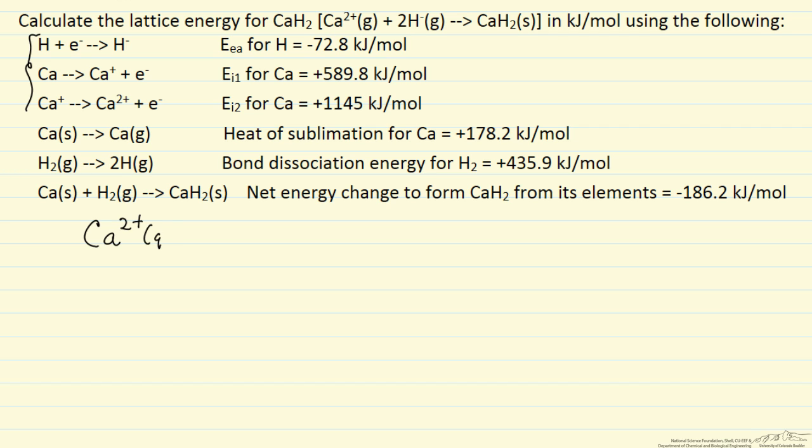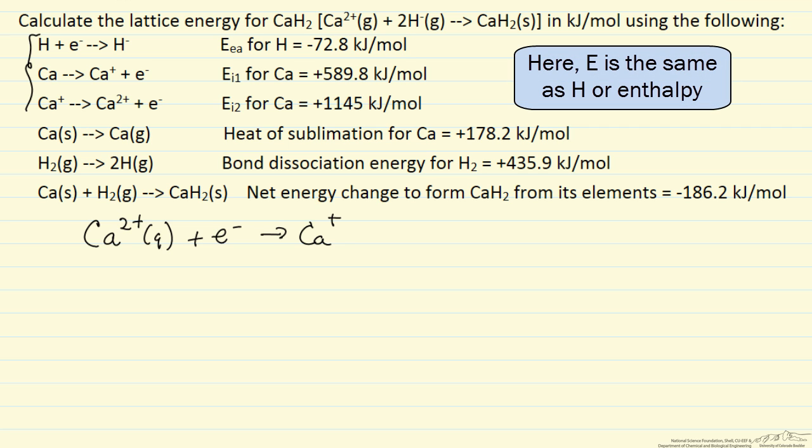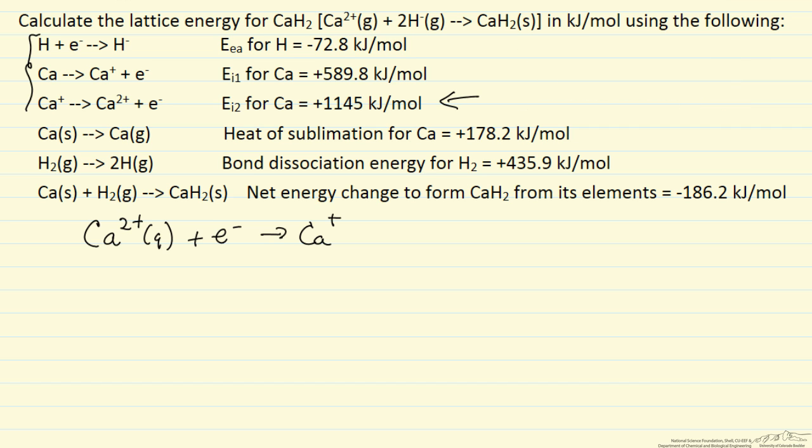So calcium 2+ in the gas phase, add electron, calcium plus. Well, delta H for that reaction is the negative of this delta H, since it's the reverse of this reaction. So this is minus 1145 kilojoules for this 1 mole that we're carrying out the reaction for.